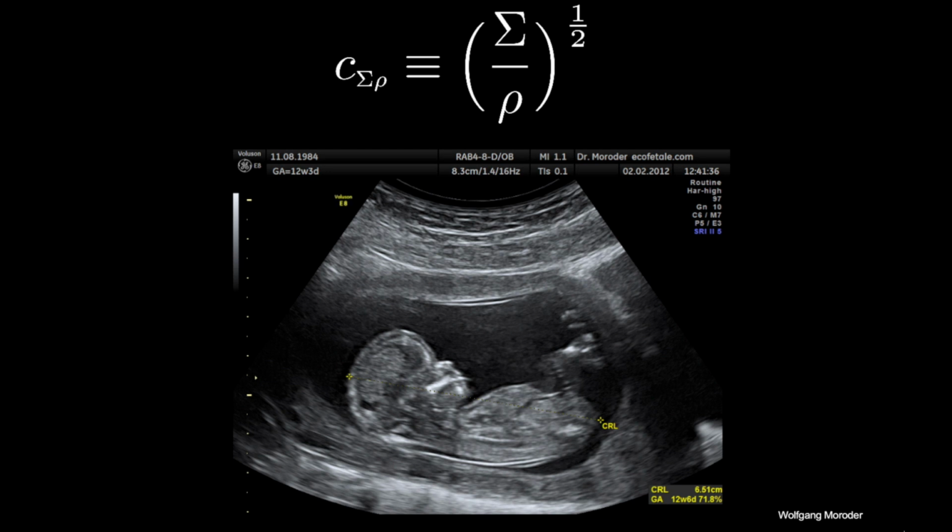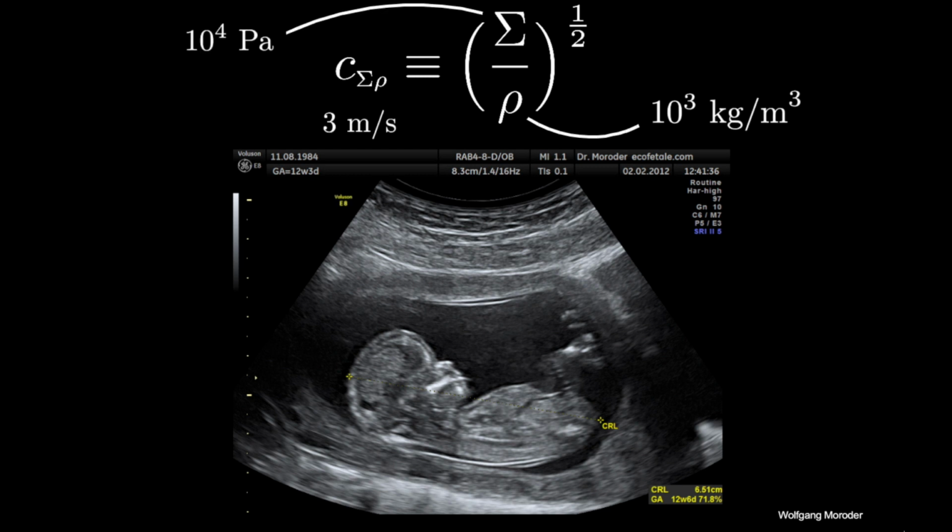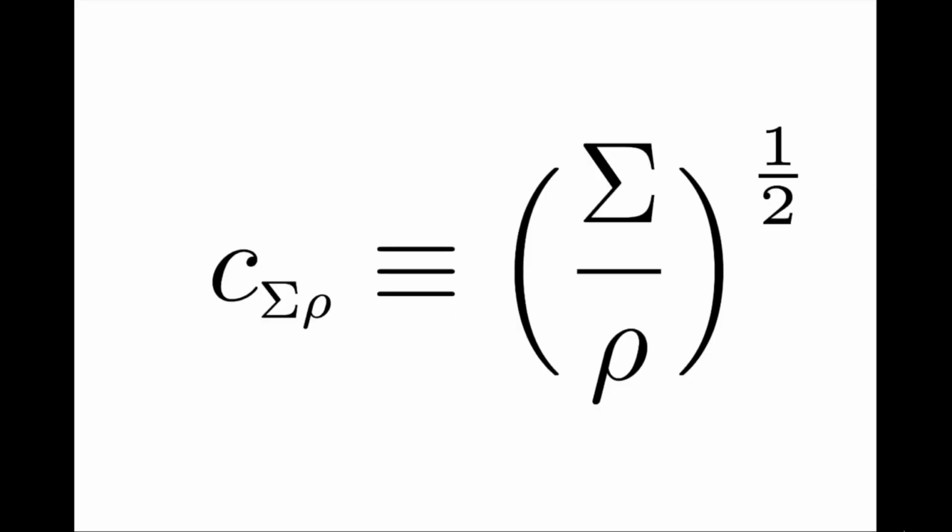The density is close to that of water, so around 1 ton per cubic meter, but the elastic modulus for human tissues is typically around 10 kilopascals, so the speed is around 3 meters per second, far slower than the kilometers per second for seismic waves. The higher the elastic modulus and the lower the density, the higher the speed.